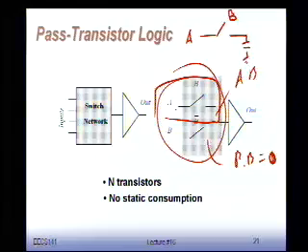Well, it's the AB function. When B is low, we know that the output should be 0. So we close this switch, and depending on the value of B, we always get a 0 here. And because B bar is high, the switch closes, and B is low, we get a 0 at the output.